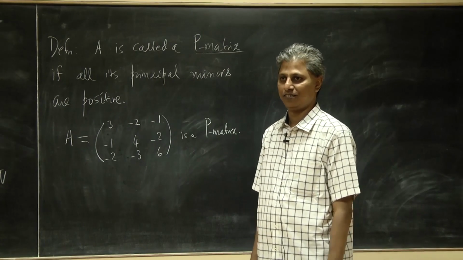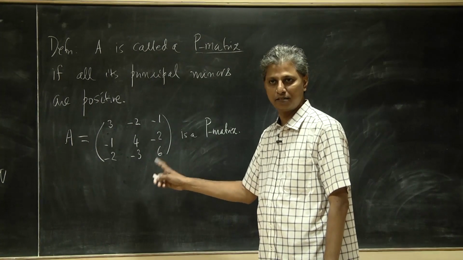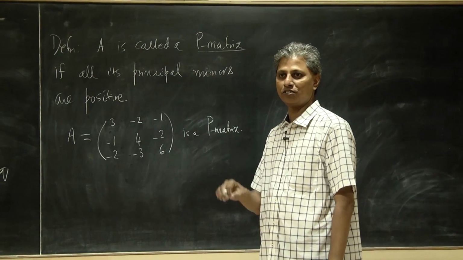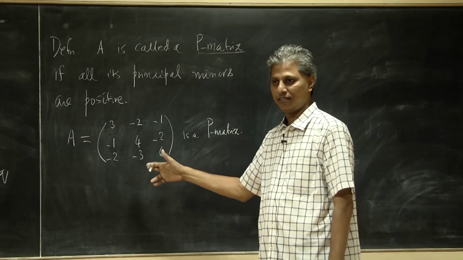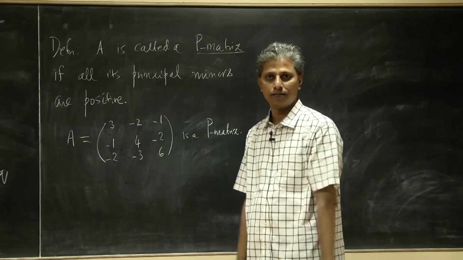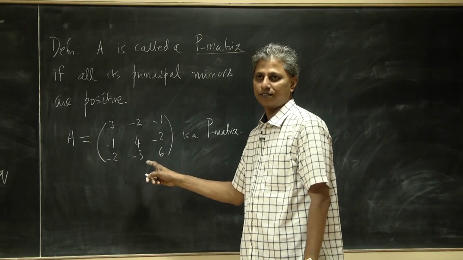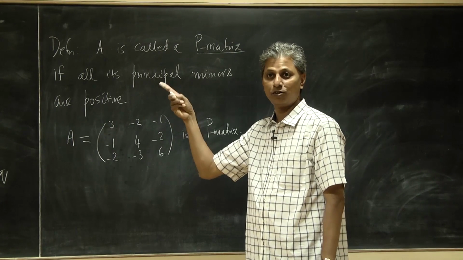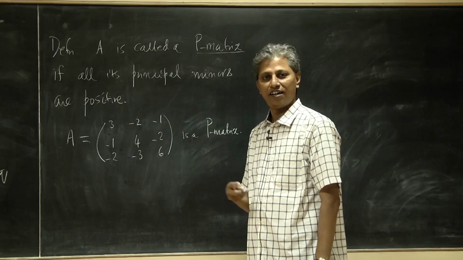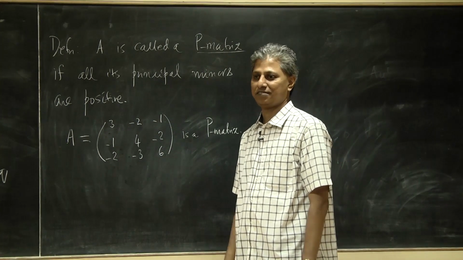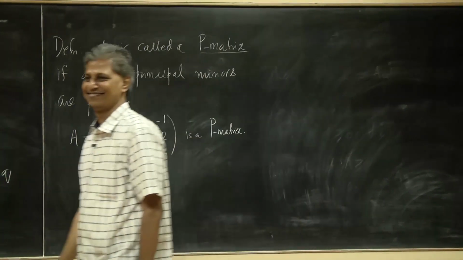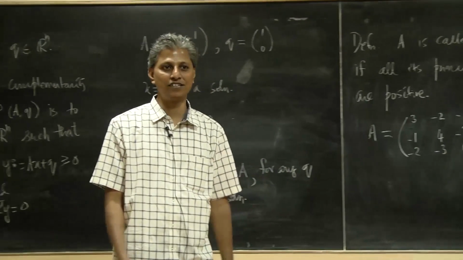So this is a Z matrix. There exists X positive such that AX is positive, that is E, all entries 1. So from that theorem, I know that this is an invertible M matrix. I know that every invertible M matrix is a P matrix. So I really used something which I didn't reveal.